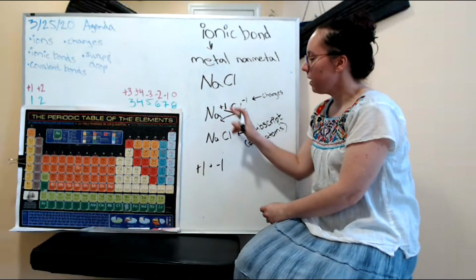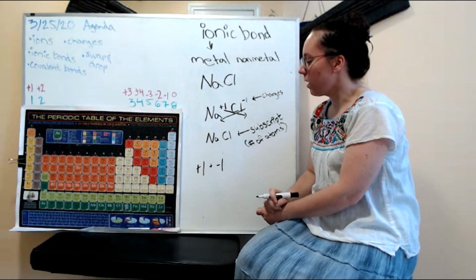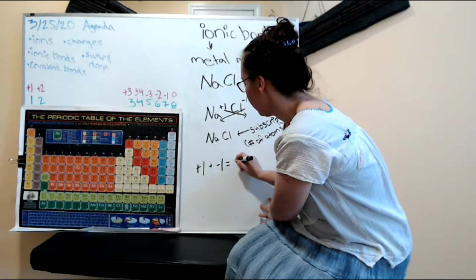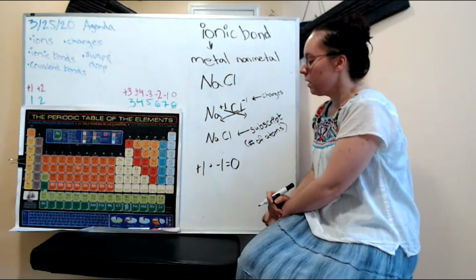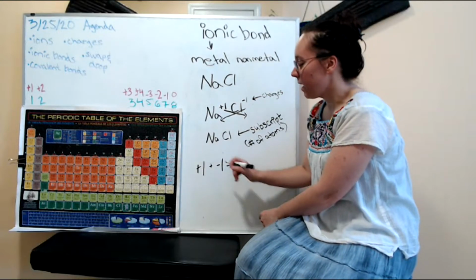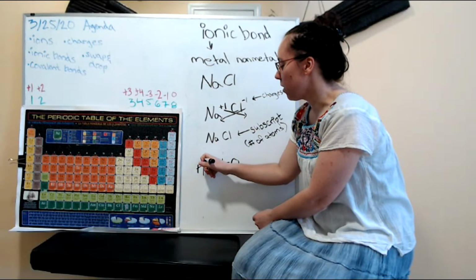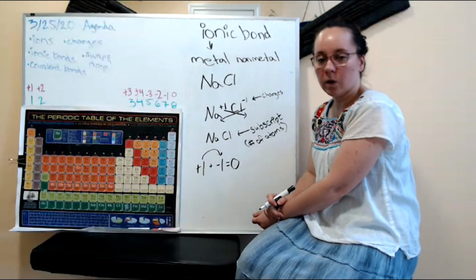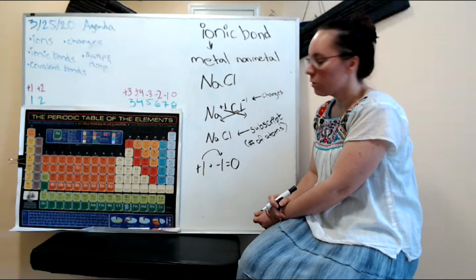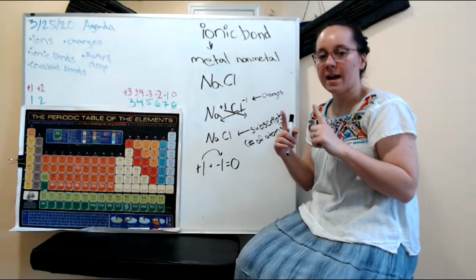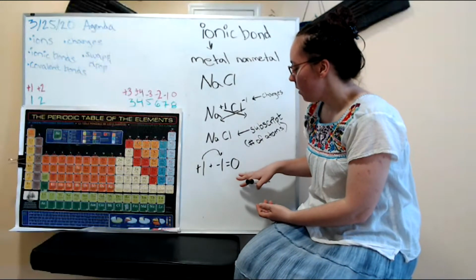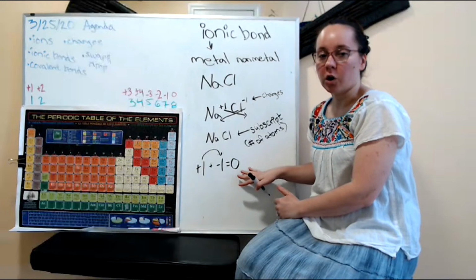So when you say you have +1, -1, mathematically, that cancels out to give you 0. So what this is saying is sodium had an electron, it gave it to chlorine, so now there's no extra electrons floating around. So this means that each electron has a partner, and that's what we want to happen. So this is called charge balance.